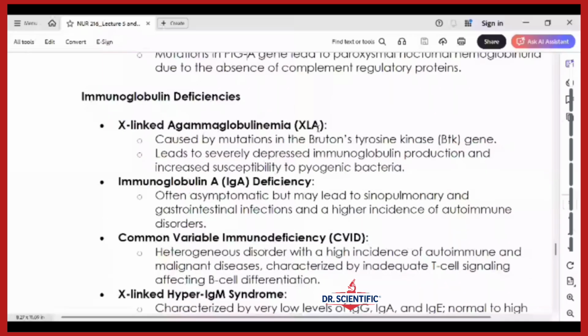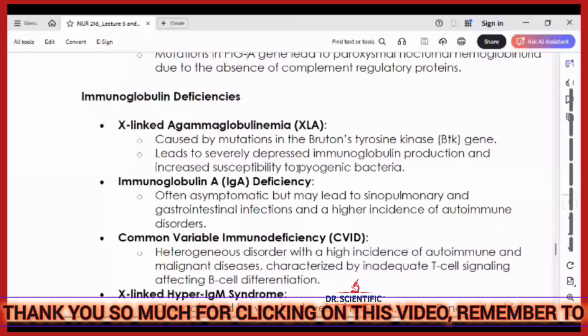And this is due to mutations in the Bruton tyrosine kinase gene. So these individuals have depressed immunoglobulin production. And once you are unable to produce immunoglobulins or antibodies, we know that you are prone to infections. Then we have immunoglobulin A deficiency.